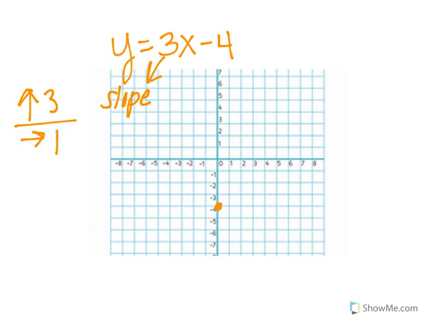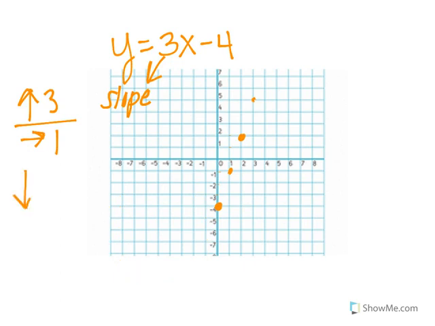So from this point, I'm going to count up 1, 2, 3, and over 1, and then I'm going to put a point. And again, I'm going to count 1, 2, 3, and over 1, and put a point. And I can keep going if I want to. Okay, to get the points on the other side, like over here, I would do the opposite.